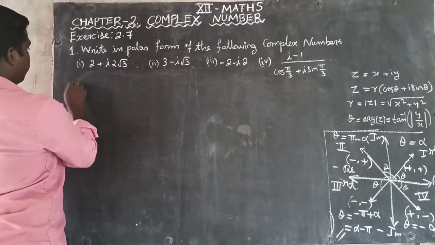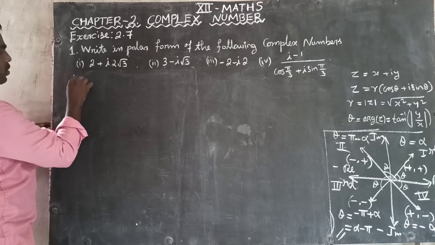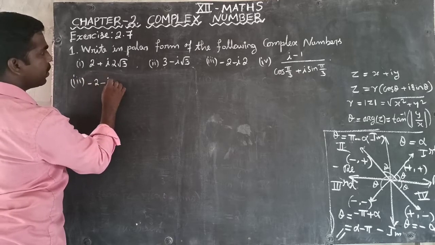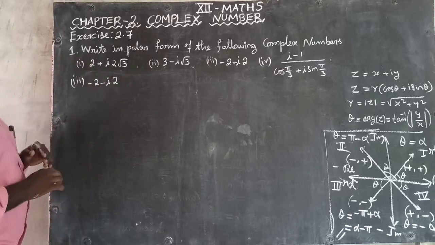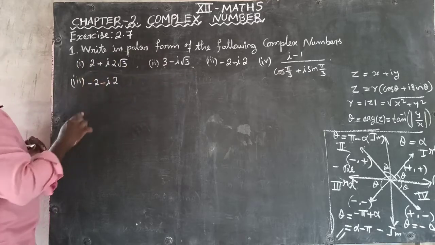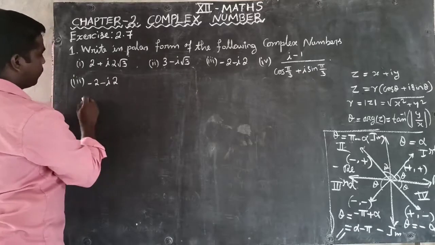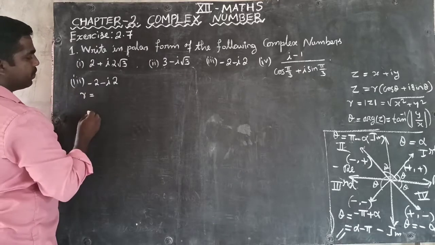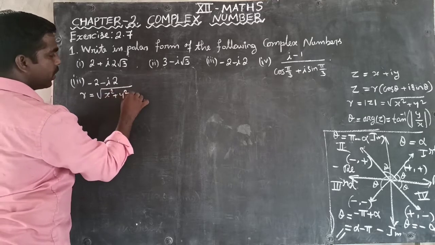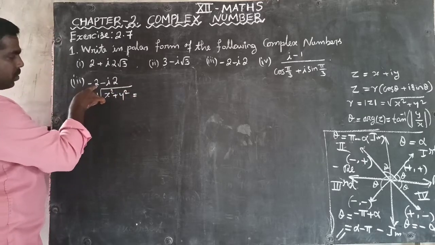Okay. Next third one. The third problem is minus 2 minus I into 2. First we have to find the value of r. So r is equal to square root of x square plus y square. The x is minus 2.